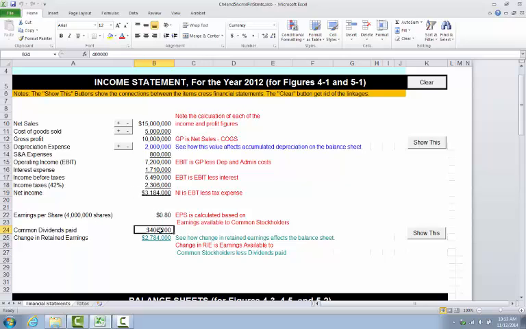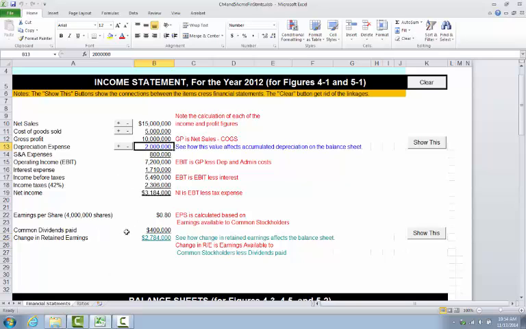You can pay some or all of this out as a dividend to your common stockholders. In this case, we have $400,000 being paid to the common stockholders. And so if $400,000 of the $3,184,000 is paid as a dividend, then the rest is by definition reinvested back into the firm.